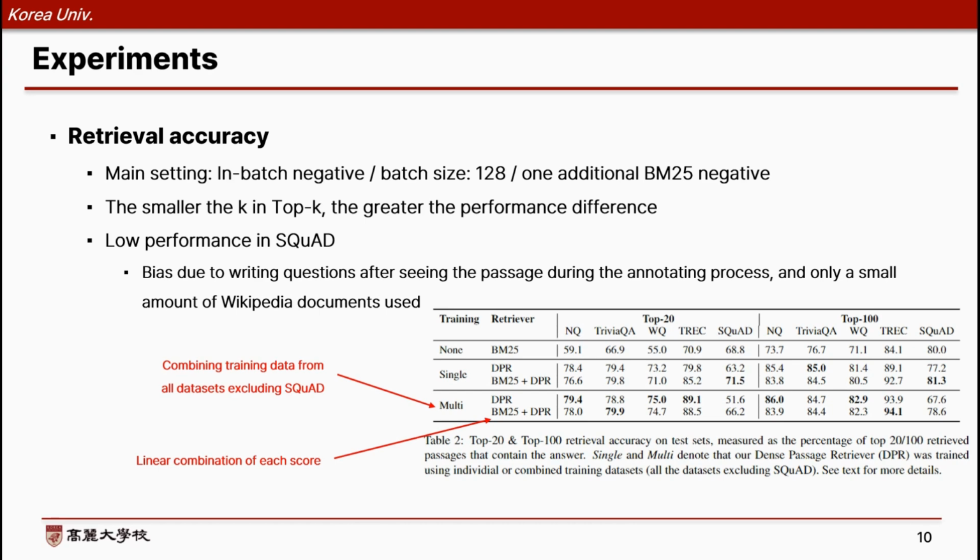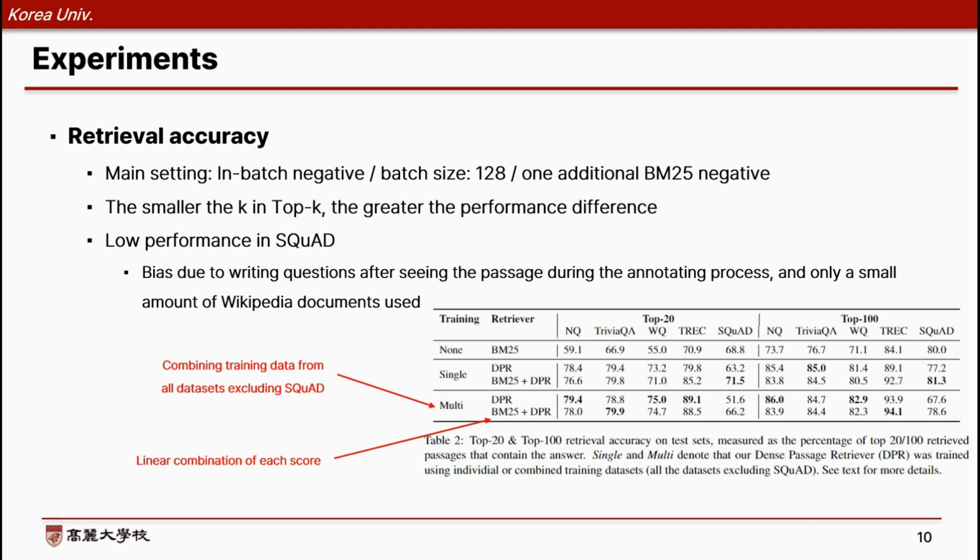In the table, experiments were conducted on top 20 and top 100, and it is divided into when heuristic-based retrieval, shown as BM25, is used and when DPR is used. And this time, it can be seen that the performance gap is greater when it is 20 than 100.